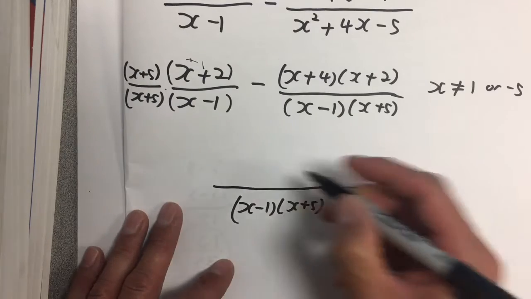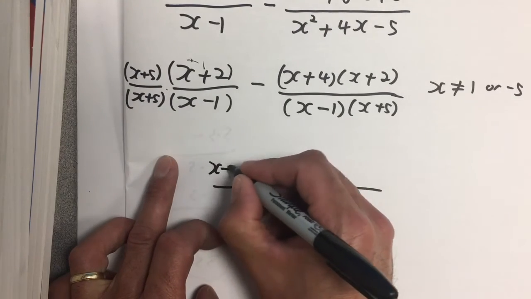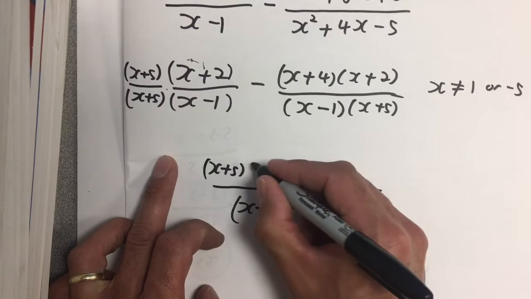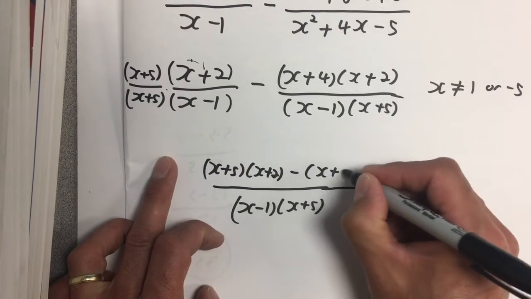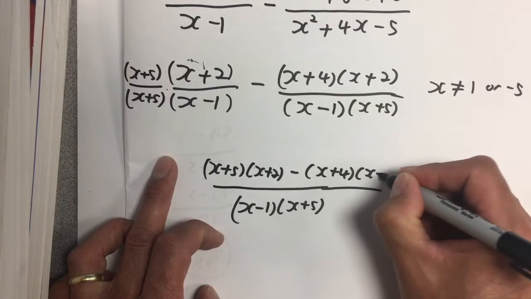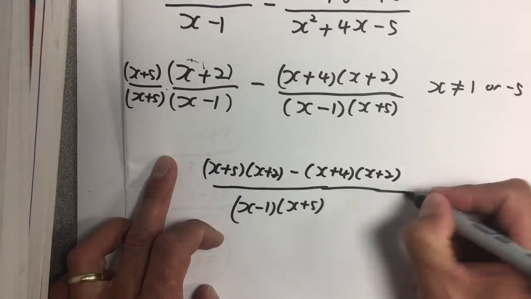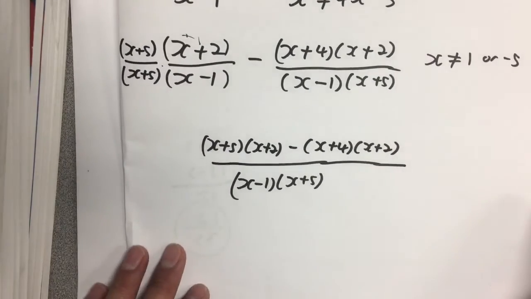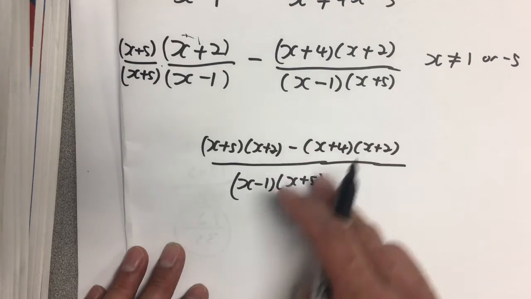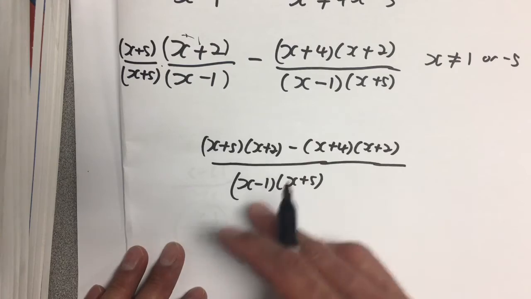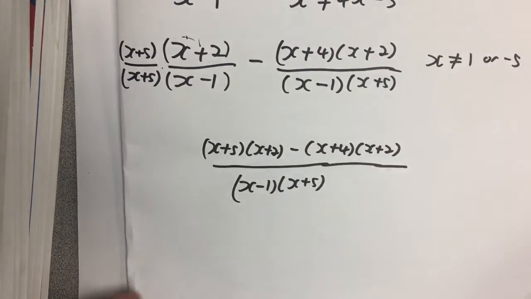The difference of our tops is (x + 5)(x + 2) minus (x + 4)(x + 2). We can then expand, subtract to simplify, look for something to cancel out, and then put everything in standard form.